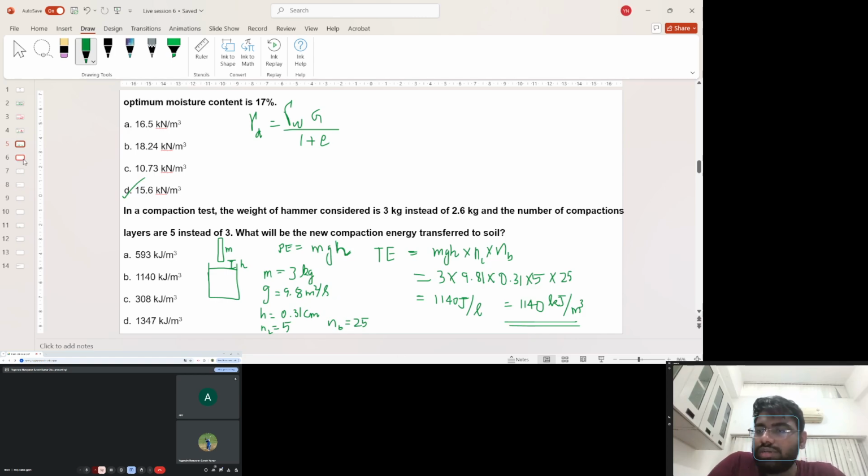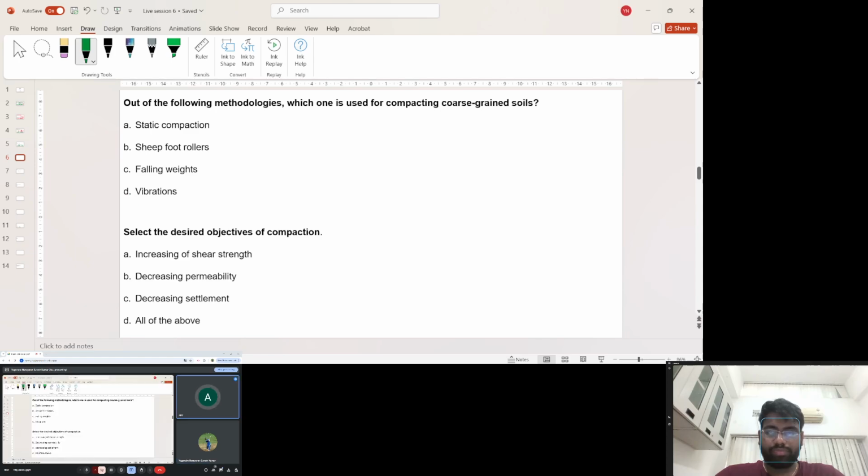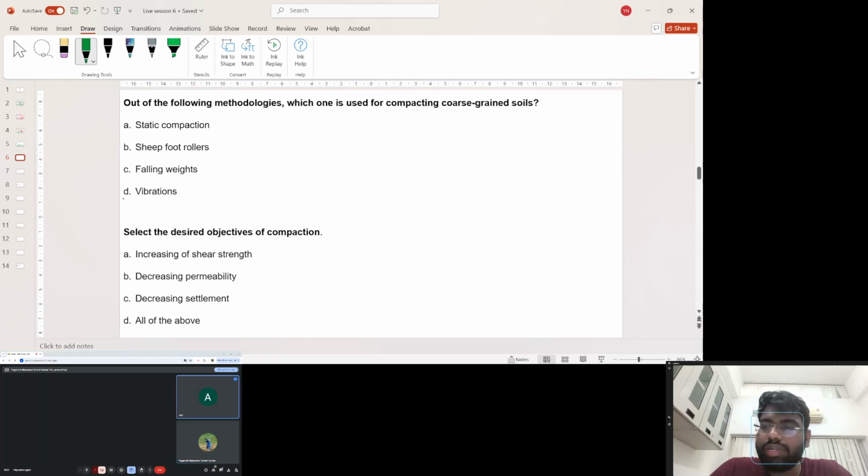Now let us move to the next question. Out of the following methodologies, which one is used for compacting coarse grained soils? Vibrations. So it will be vibrations. Sheep foot rollers are most useful for clays. Static compaction is preferred as far as some laboratory conditions are considered.